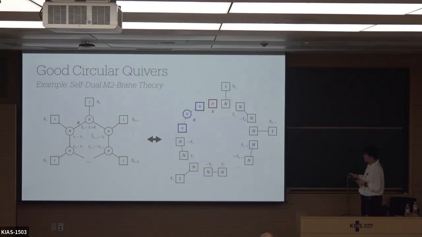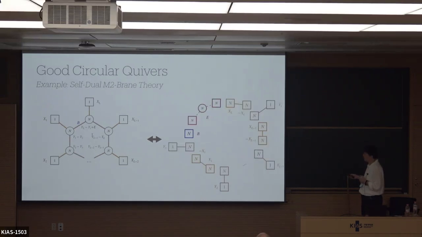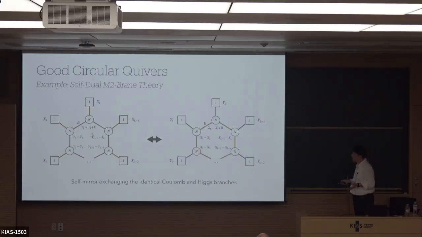And as before, I can dualize this fundamental field into the bifundamental one, and this bifundamental field into the fundamental one. So everything is swapped. So now I have a bifundamental, fundamental, bifundamental, and so on. And once I combine them, I get exactly the same form of theory, but now the topological symmetries and flavor symmetries are swapped.